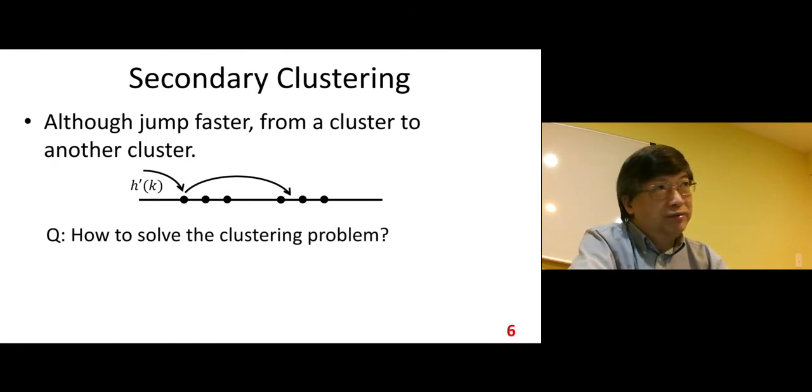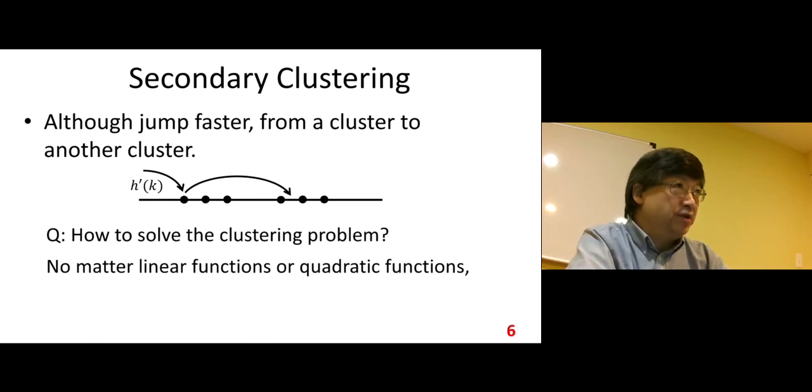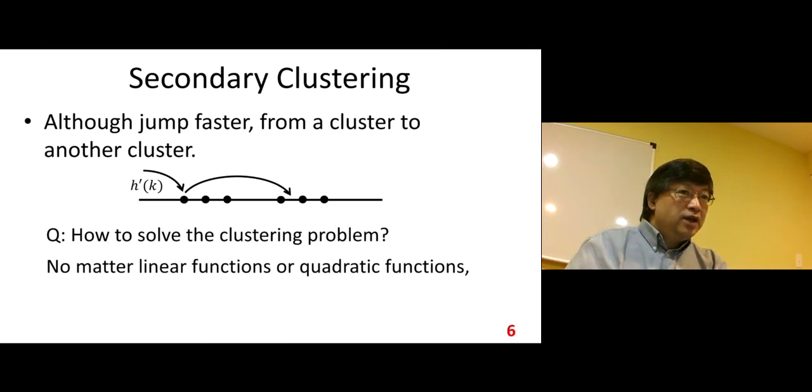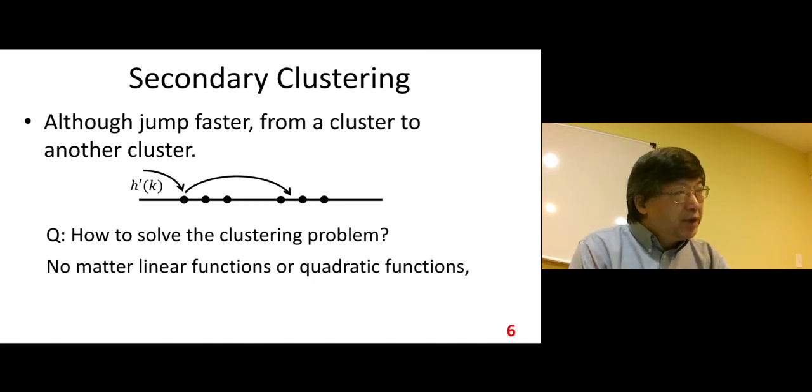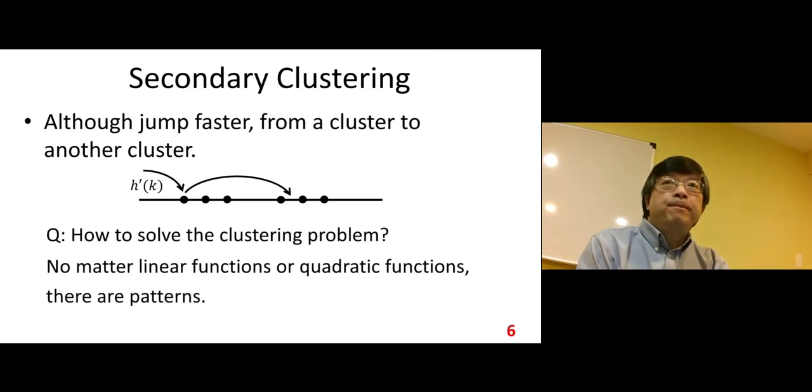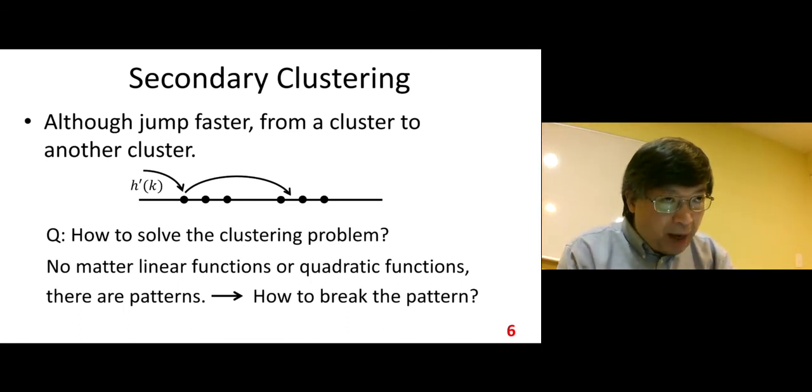We don't want to have this secondary clustering problem, so we need to find a new solution. Linear functions or quadratic functions we use to define our hash function are both not quite good. We need to find a new design to break the pattern.